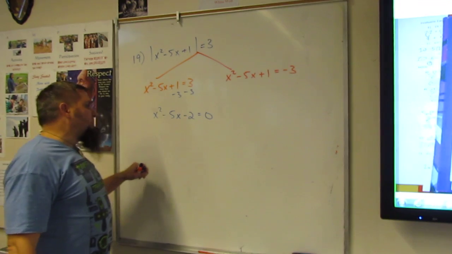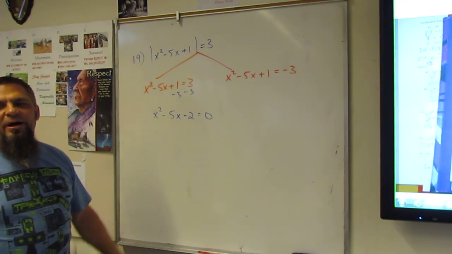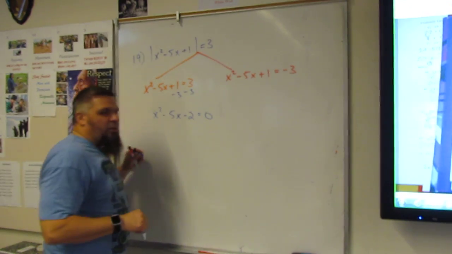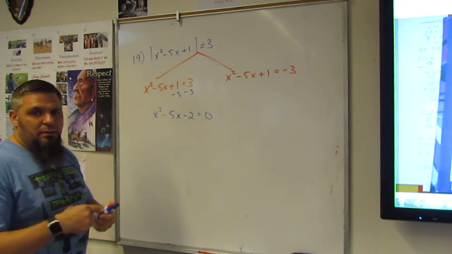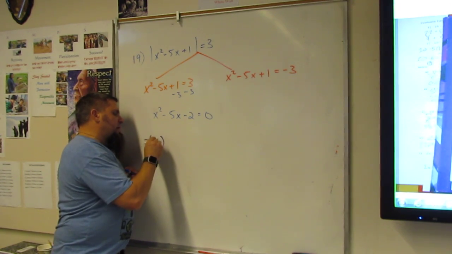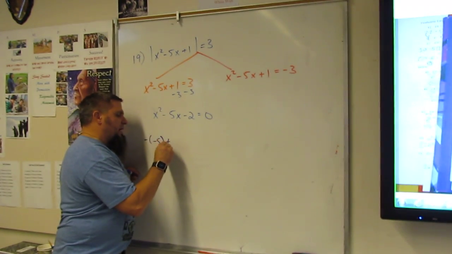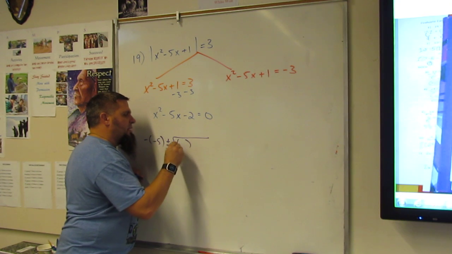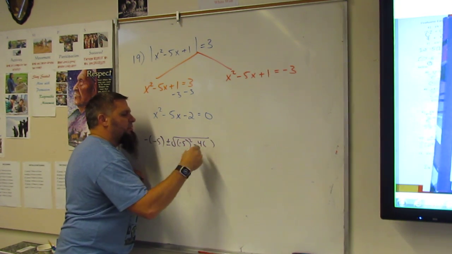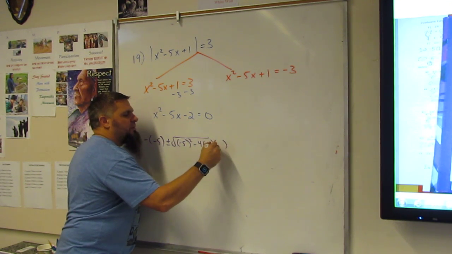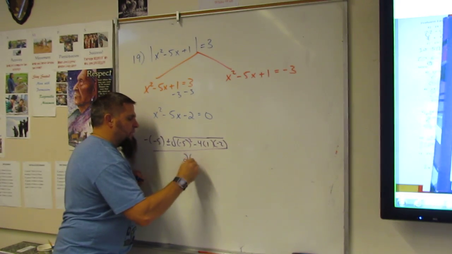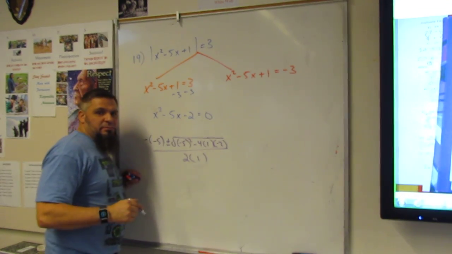Is there anything that multiplies to be 2 but subtracts to be 5? No. So yeah, quadratic formula. So negative b, which is negative 5, plus or minus the square root of b, which is negative 5 squared, minus 4a, which is 1, c, which is negative 2, all over 2a, which is 1.